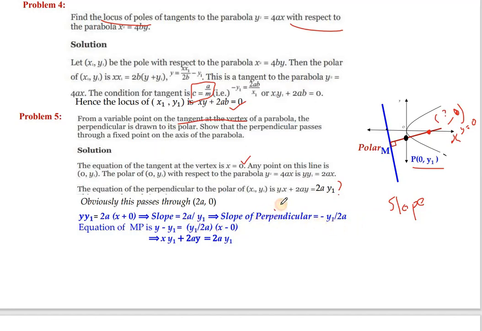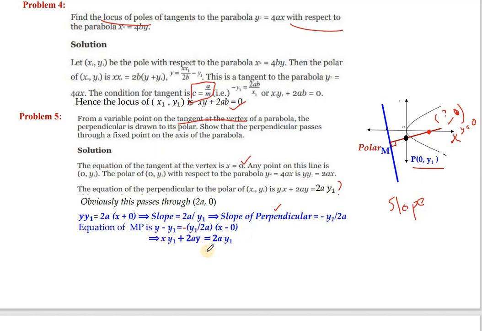So you have got the slope and equation of NP. So P is known, slope is known. So you can get the NP, which is y minus y1 is equal to minus y1 by 2a into x minus 0.